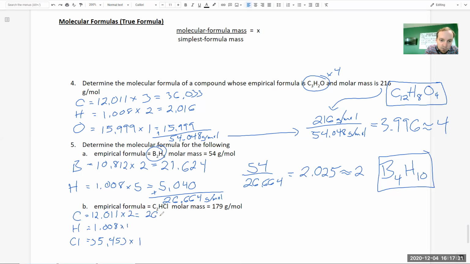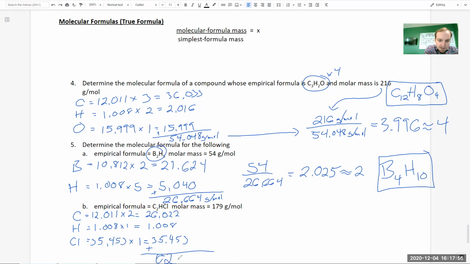That's going to be 24.022. That's going to be 1.008. That's going to be 35.453. Going to add them together, of course. 26.022 plus 1.008 plus 35.453 equals a total molar mass of 62.